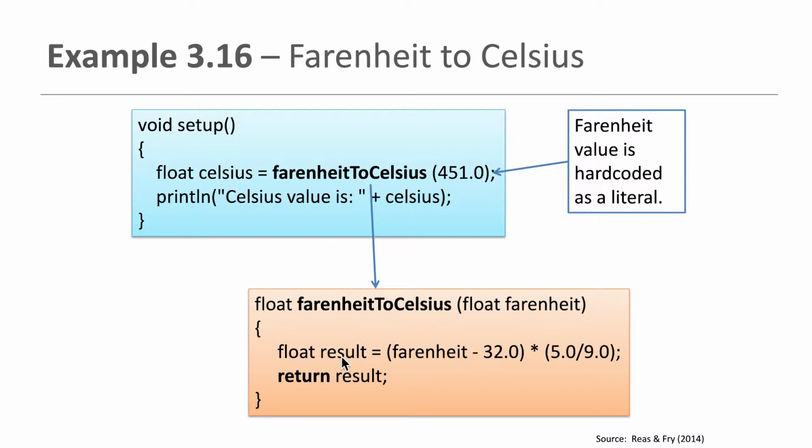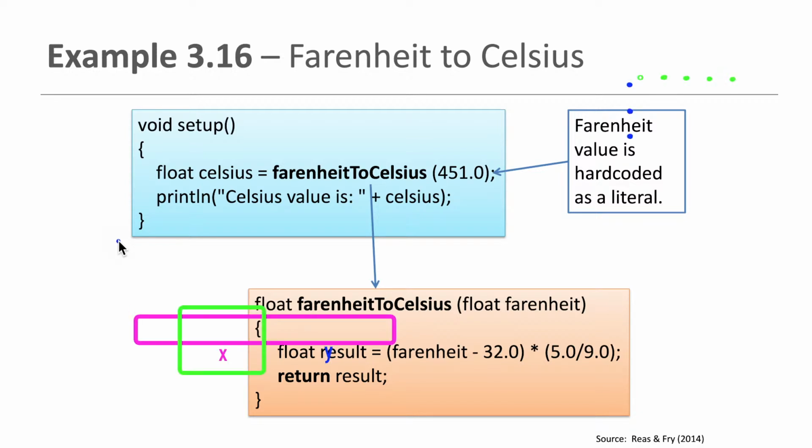And then the important line here, this is what's new. When you want to return a value or have a method that returns a value, you need to use the return statement. So we're using return the result. So here's what happens. The 451 gets passed into this method when we run this line here. Let me get that up. Here we go.